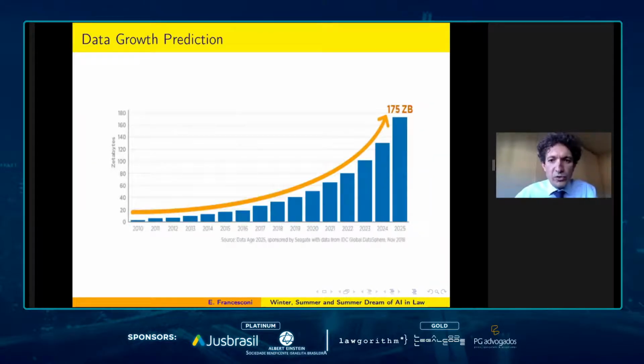And in order to develop such systems, we have to exploit the dramatic growth of data that will be available from here until 2025. And this is a picture of the data growth prediction.